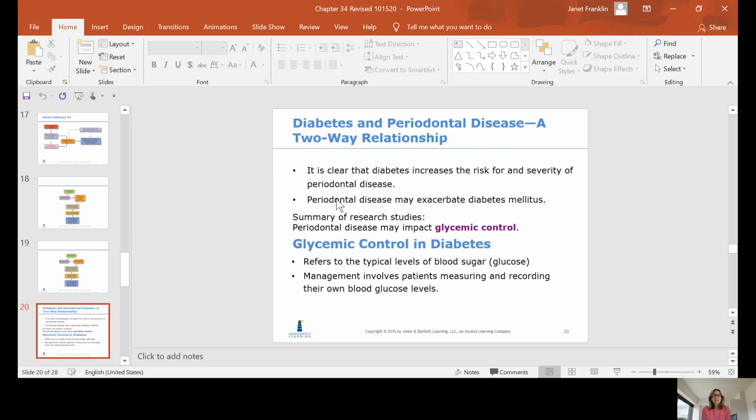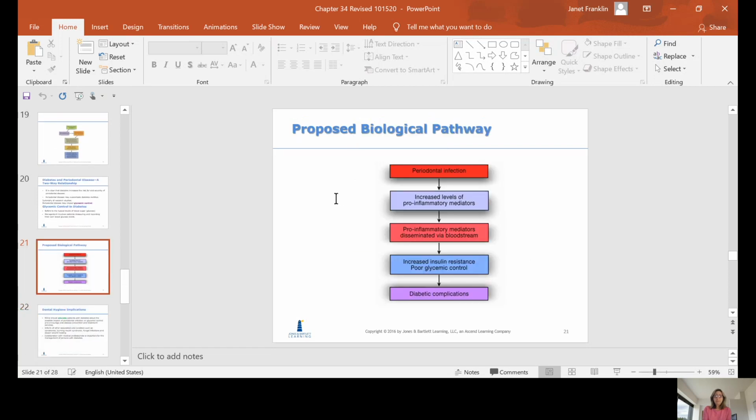Diabetes and periodontal disease, a two-way relationship. It is clear that diabetes increases the risk for and severity of periodontal disease, but periodontal disease may exacerbate diabetes. Periodontal disease may impact your glycemic control, or in other words, your blood sugar levels. And this just illustrates a proposed pathway. You've got your periodontal infection, increased pro-inflammatory mediators.